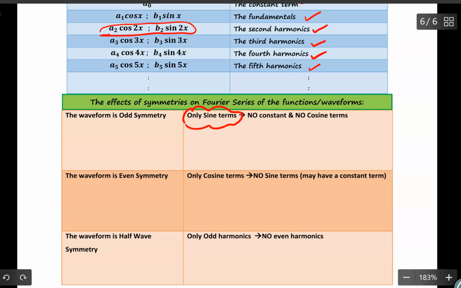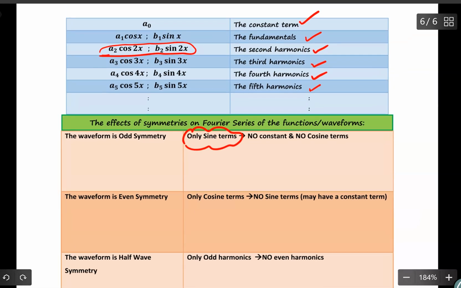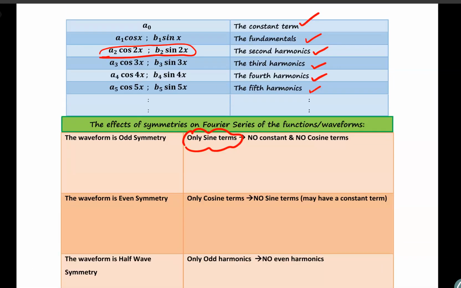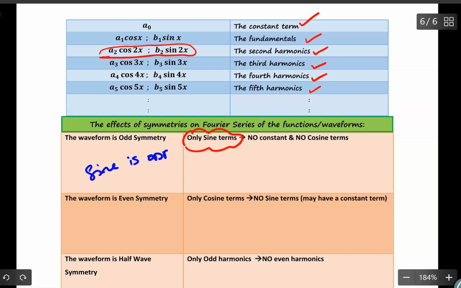If the waveform has half-wave symmetry, then you only have the odd harmonics and no even harmonics. What does that mean? Odd harmonics means you have a3, b3, a5, b5, but you will not have a2, b2, a4, b4. Again, just a reminder to everyone: sine is odd, and cosine is even.